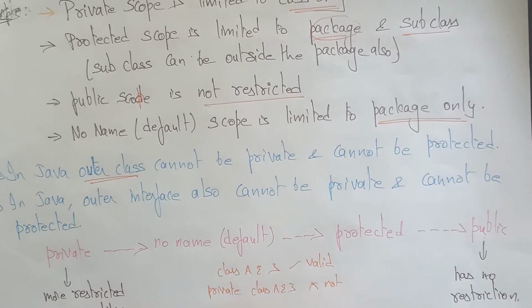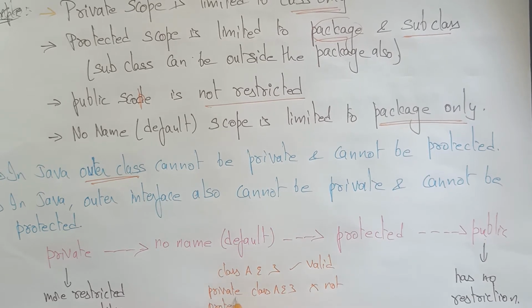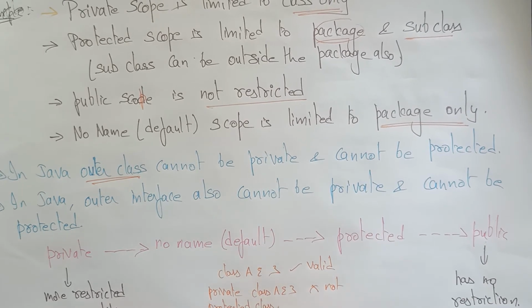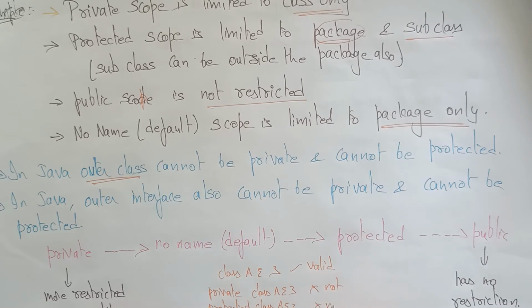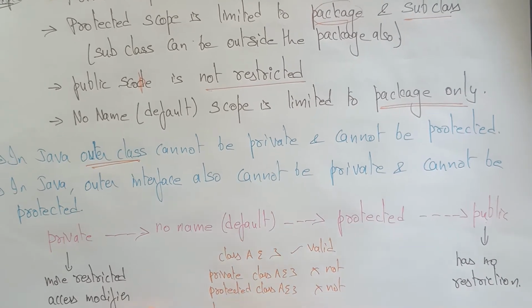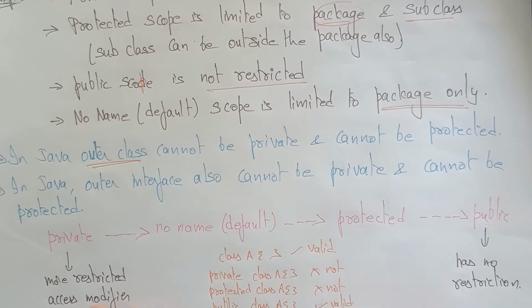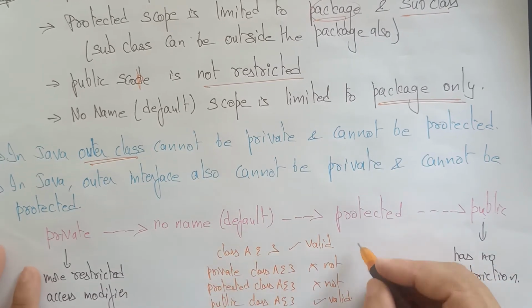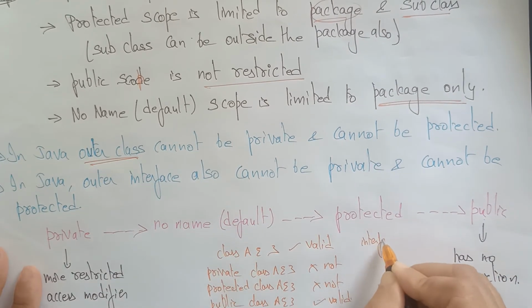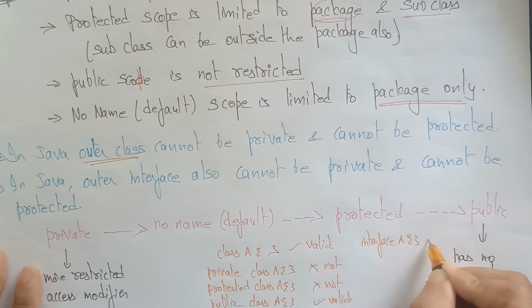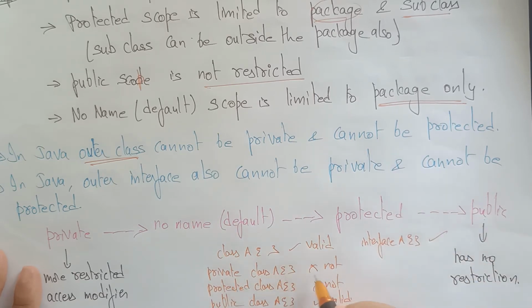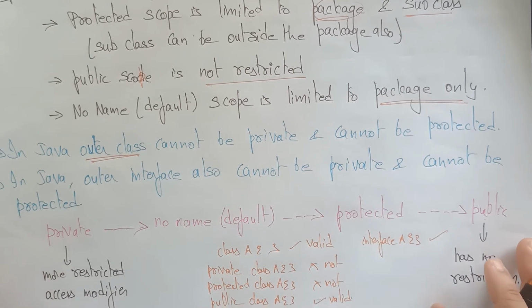Protected class A is also not valid. Public means valid. Public class A, you can access anywhere. In the same way for interfaces: interface A is valid. Private interface A and protected interface A are both not valid. Public interface A is valid.